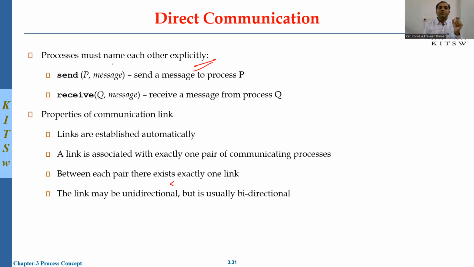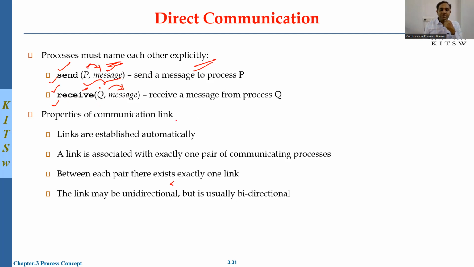For that, send is a signal and receive is a signal, and each has two parameters: the process and the message you want to send. P is sending a message, and Q is receiving a message. So send is a function and receive is a function.